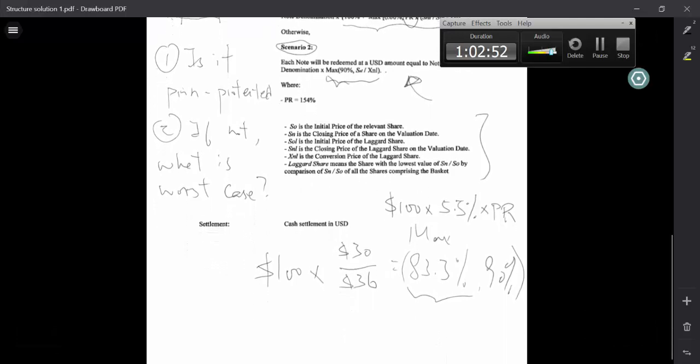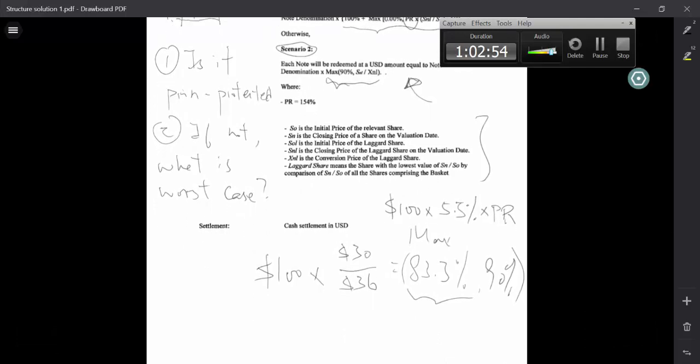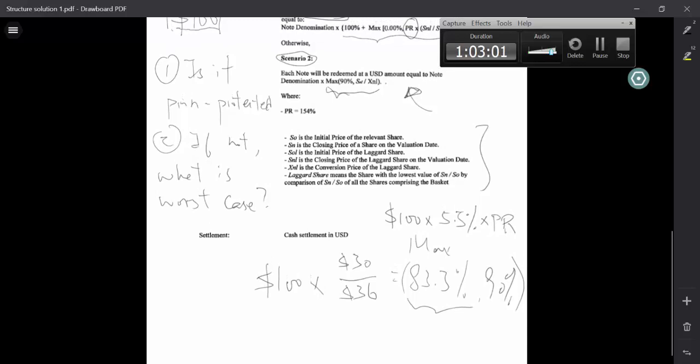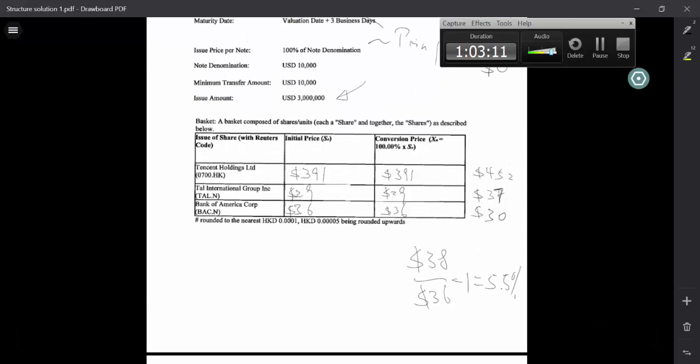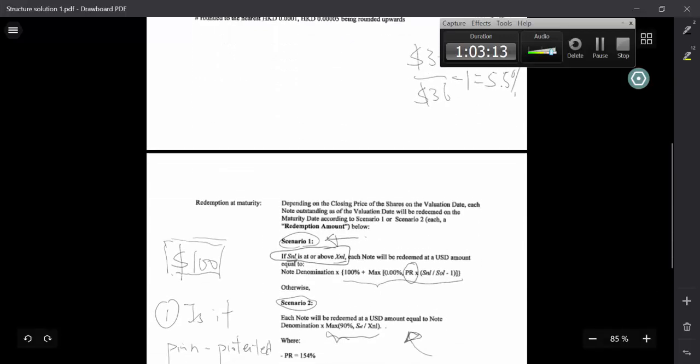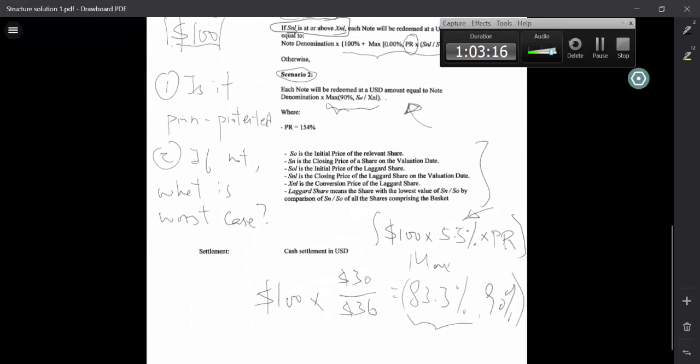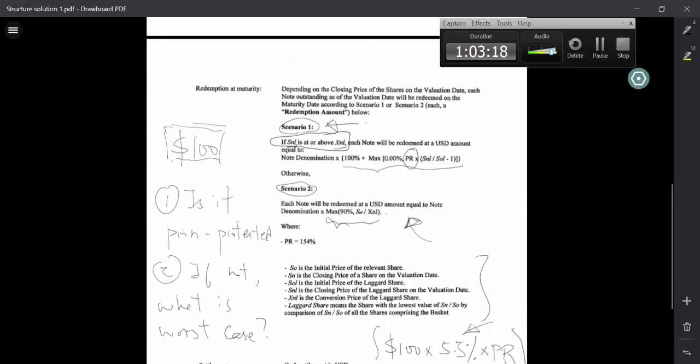So in this example, if you were in scenario 1, because there's a PR of 154%, you would end up making around 8% if scenario 1 really happened. Whereas in scenario 2, if BOA really dropped to 30, the most that will happen is that you lose $10. Is everyone okay with that?